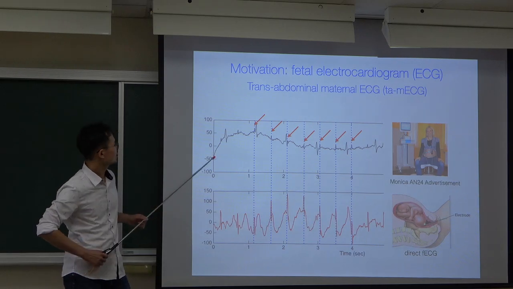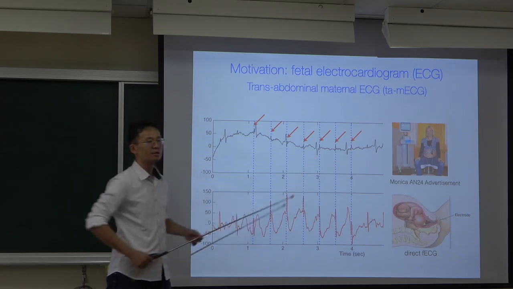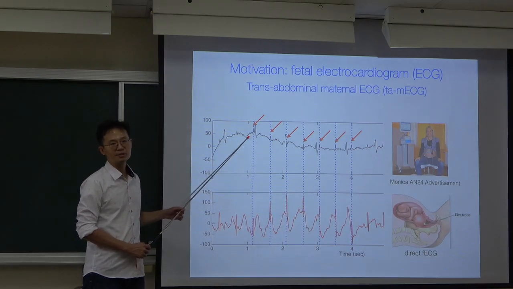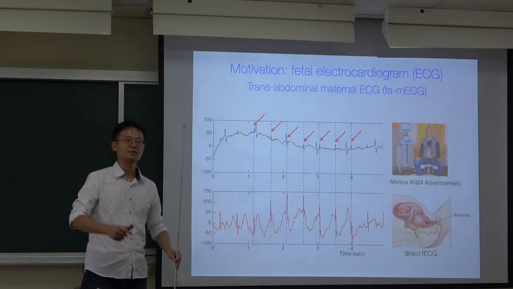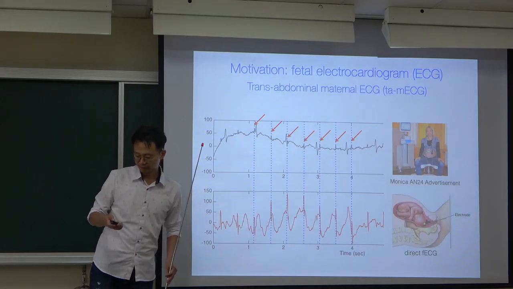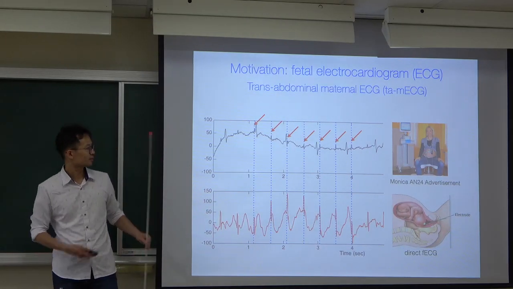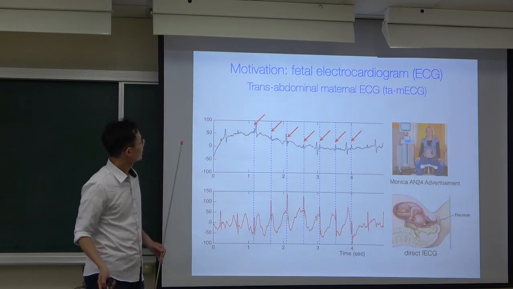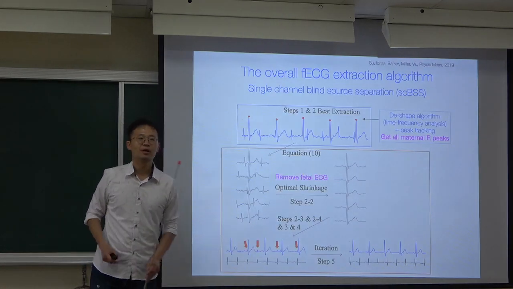Our goal is that if I give you this signal, can you decompose it into the maternal ECG and the fetal ECG? That is the ultimate goal of what we will discuss today. We will not cover everything today. It will be something later, but I will at least give you an overall picture.